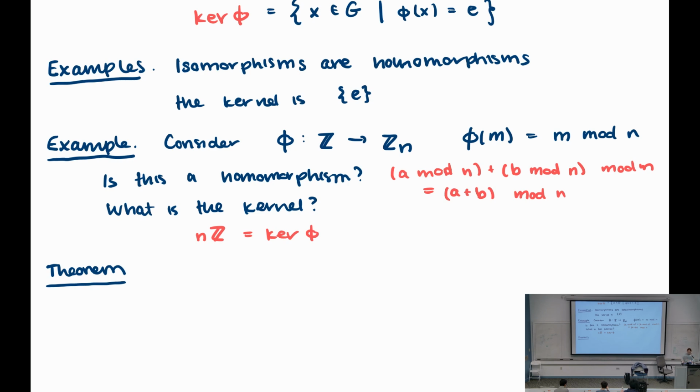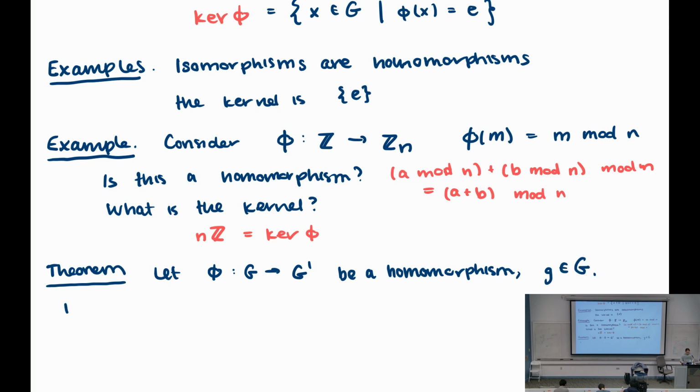So let's let phi from G to G prime be a homomorphism, and let's let little g be an element of big G.